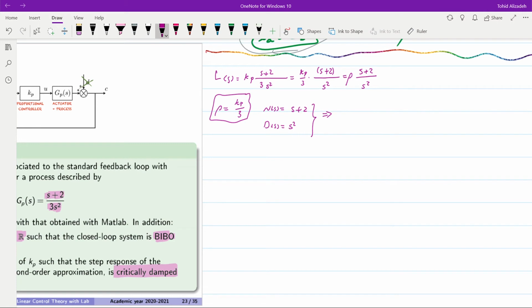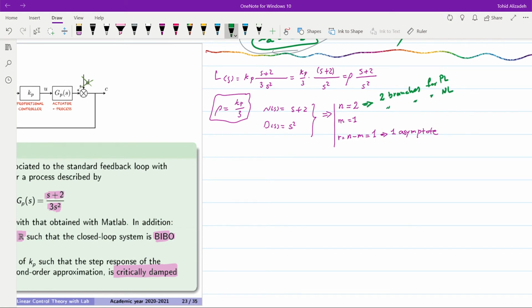This will tell us that lowercase n is equal to 2 because we have 2 poles, and m is equal to 1 because we have 1 zero, and r, which is equal to n minus m, is equal to 1, meaning that we will have 1 asymptote. n equal to 2 also means that we will have 2 branches for positive locus and 2 branches for negative locus.